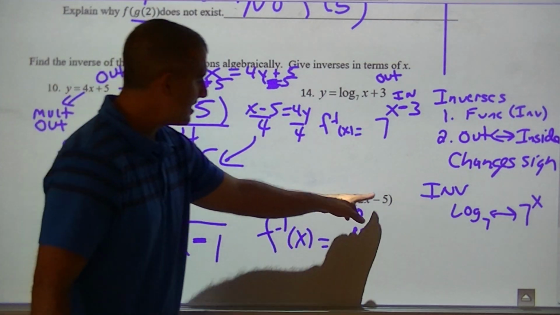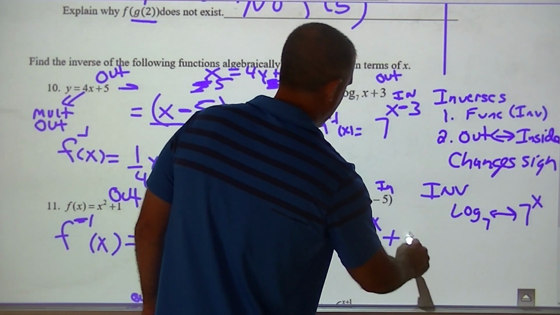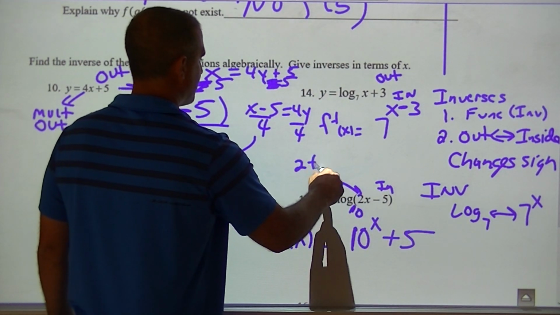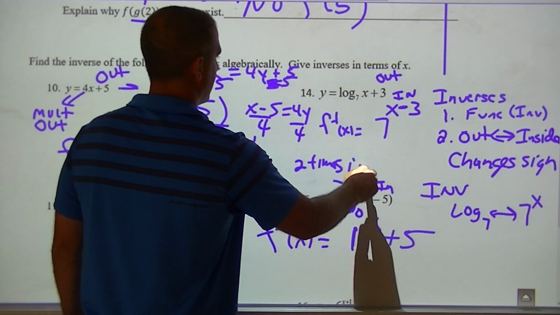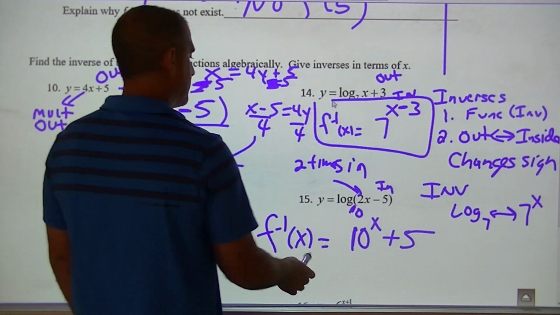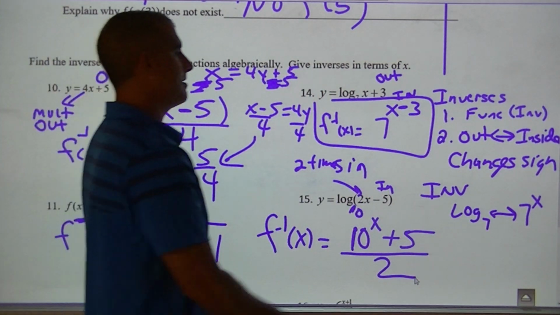Now, this minus 5 is on the inside, so that's going to be plus 5 on the outside. This would be 2 times on the inside, so that would be divided by 2 on the outside, and that's what you would have.